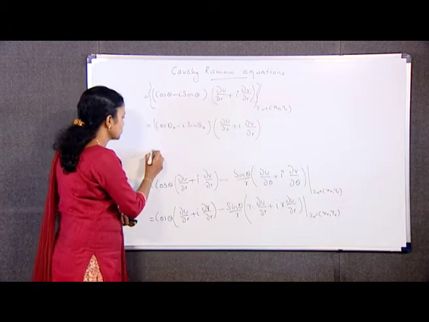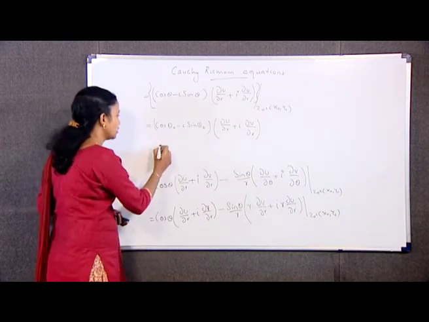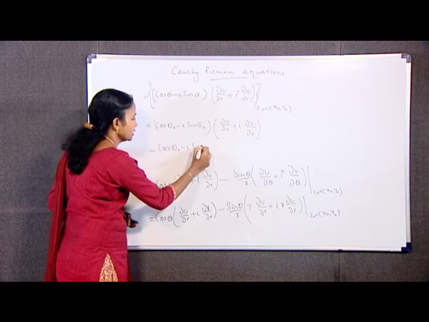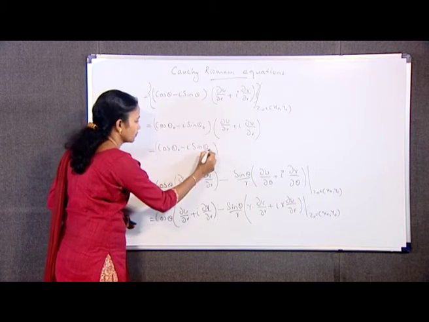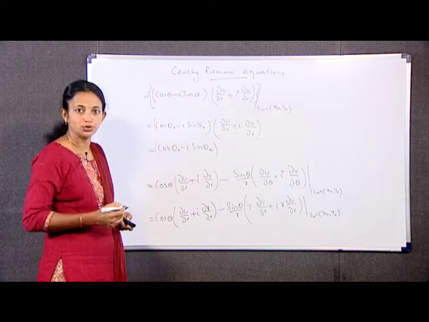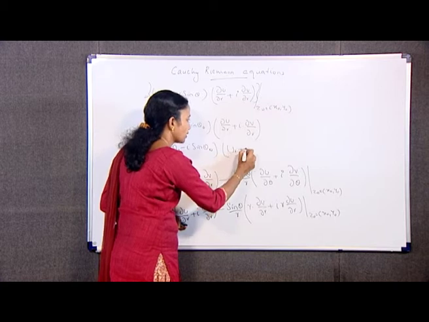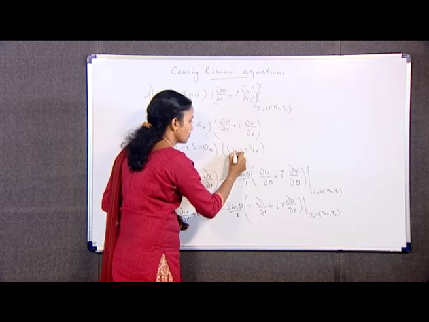Which I can write as cos theta naught minus i sin theta naught into u r plus i v r.